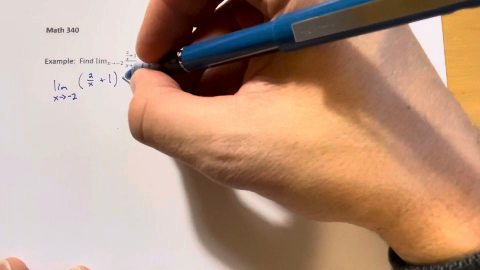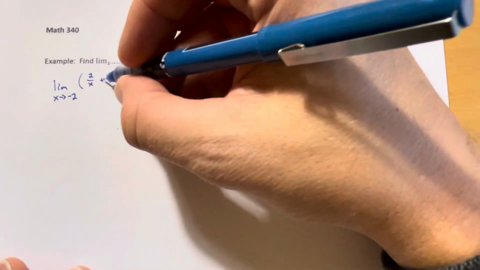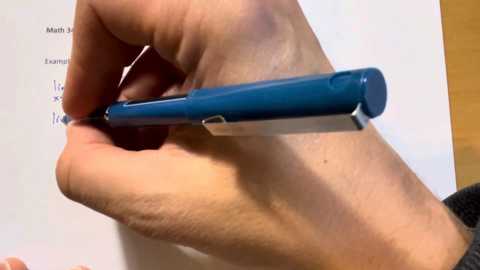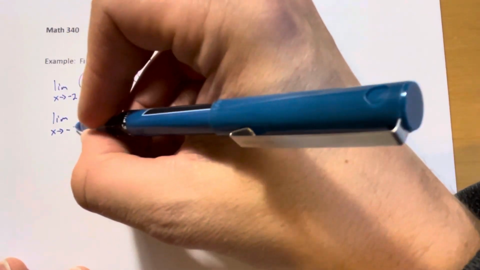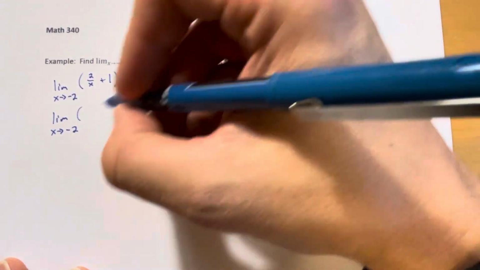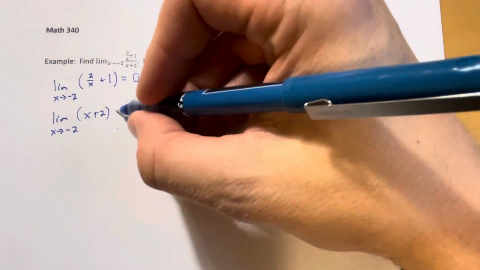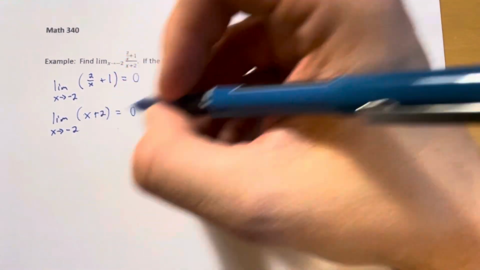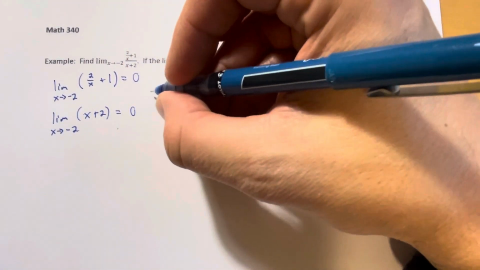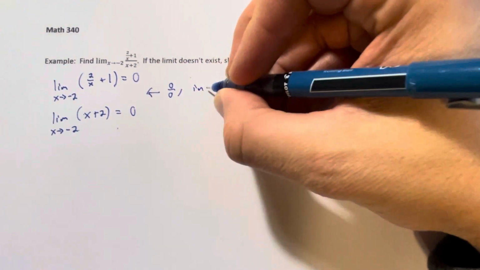If I did that, then I'm going to get negative 2 down in my denominator. 2 over negative 2 is negative 1 plus 1, that's 0. If I evaluate my denominator the same way, limit as x approaches negative 2 of x plus 2, then I'm going to have another 0 when I plug that negative 2 in using direct substitution. So this gives me 0 over 0, which is an indeterminate form.